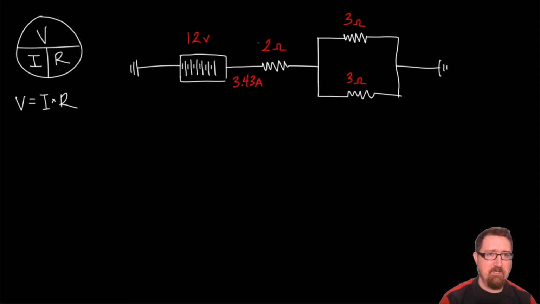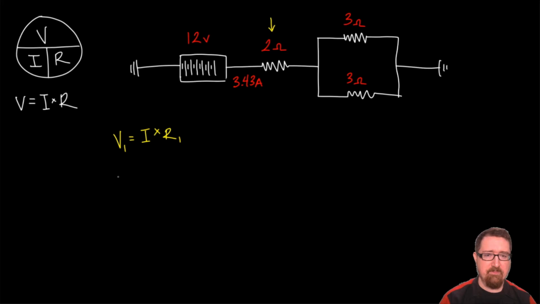So for instance, what is my voltage drop at R1 here in my circuit? Okay, so in this case we want to find voltage 1 equals the total current times R1.